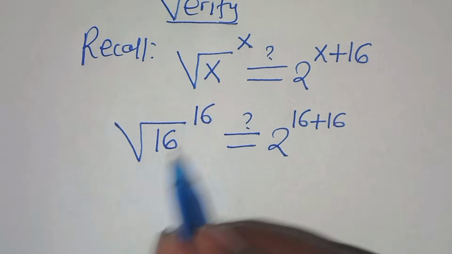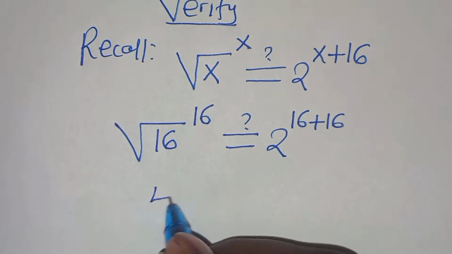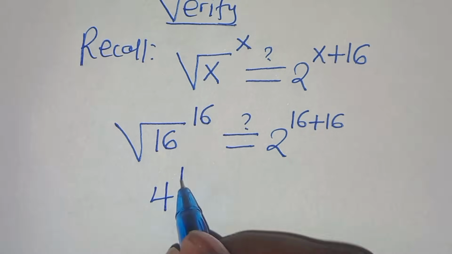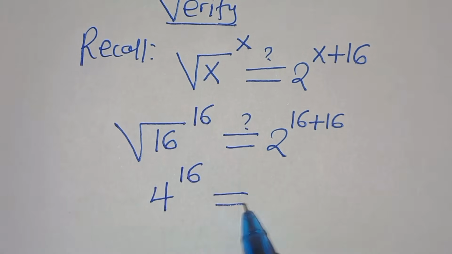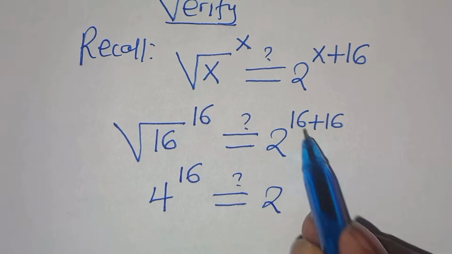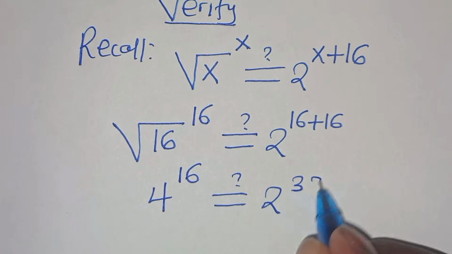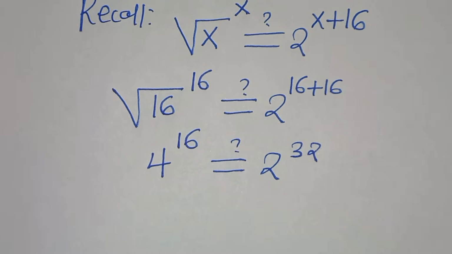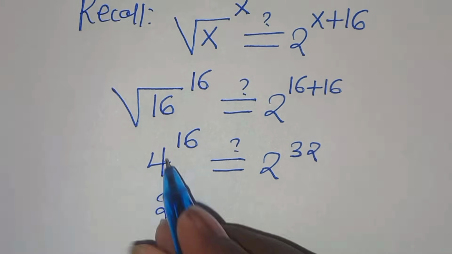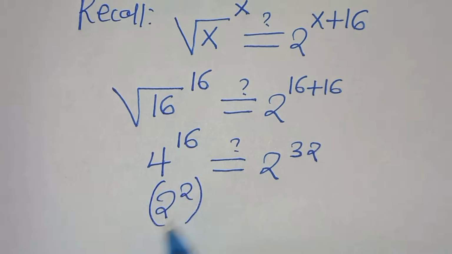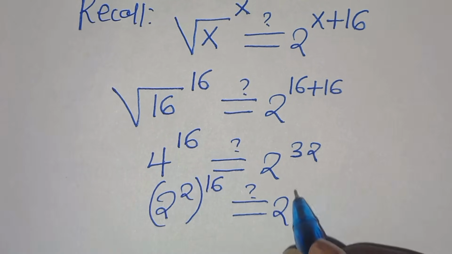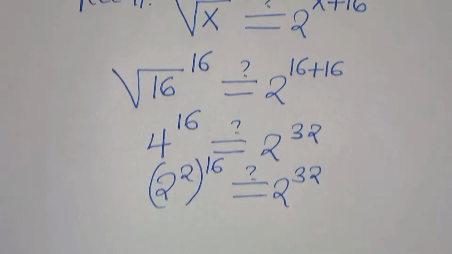So this means that the square root of 16, which is 4, raised to the power of 16, should be equal to 2 to the power of 16 plus 16, which is 32. We can express 4 as 2 to the power of 2, raised to the power of 16, which should be equal to 2 to the power of 32.